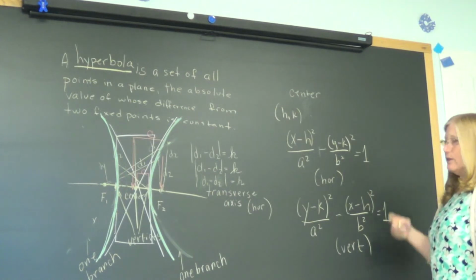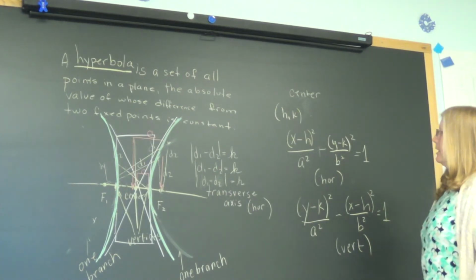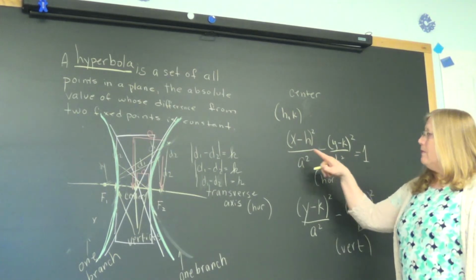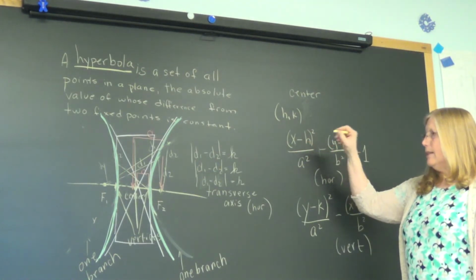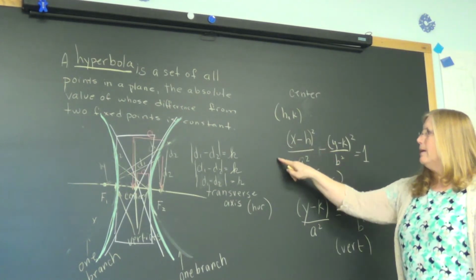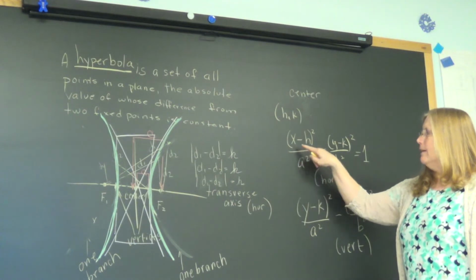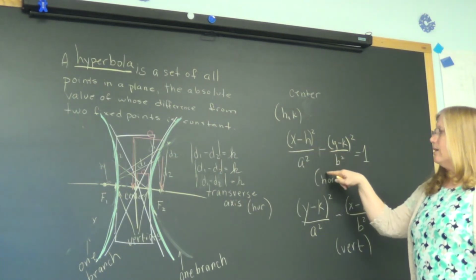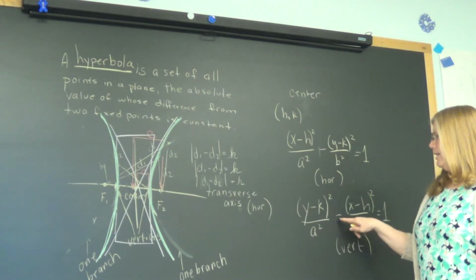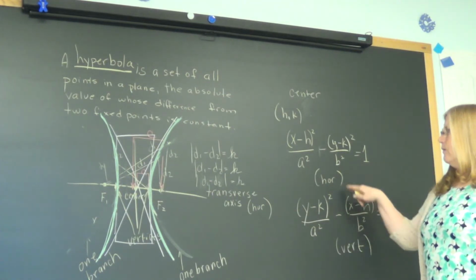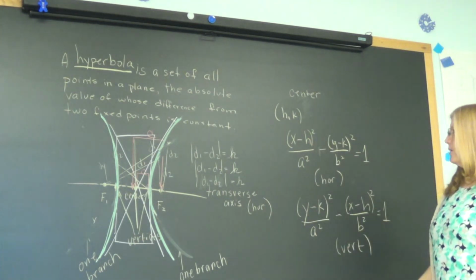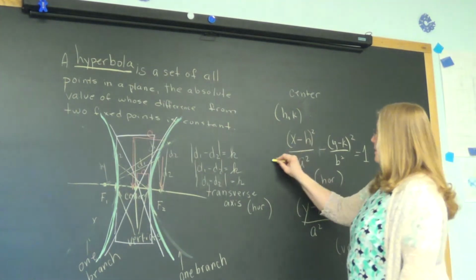So you kind of have to scrap your ideas on a and b, because in this one, when the variable x is positive, notice there's a positive sign in front of it, then this one is horizontal. When the positive one is y, it's vertical. So make a note of that.